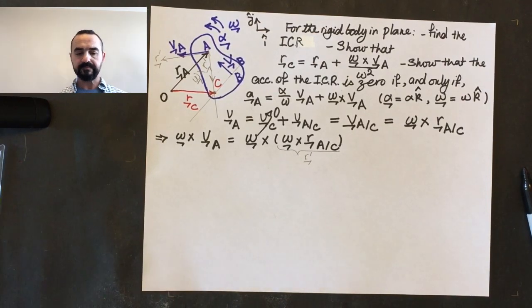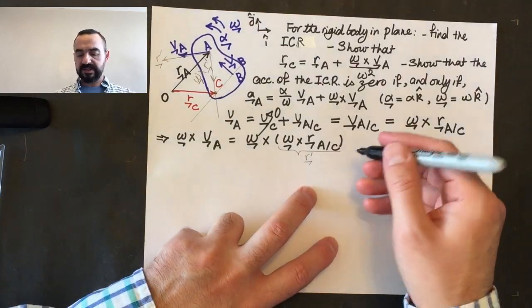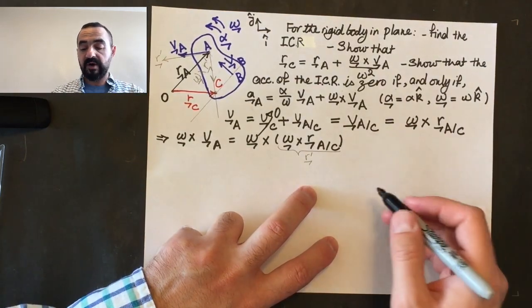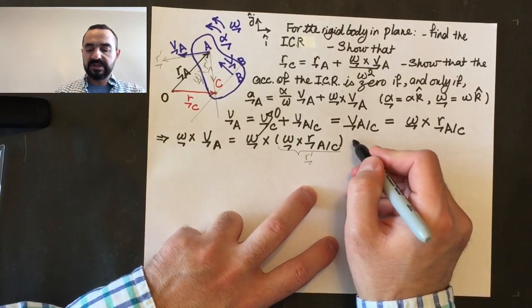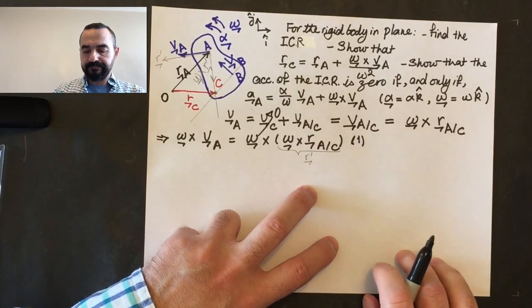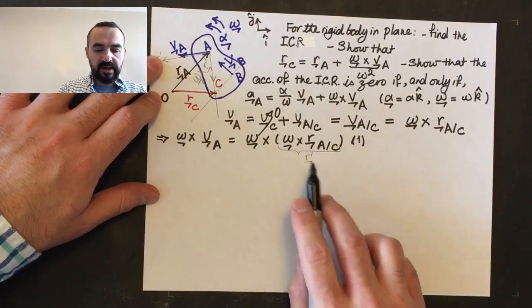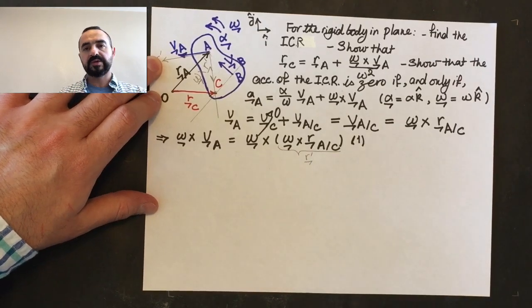So our next step is to determine the direction of RA with respect to C. Let's call this equation 1 for now.